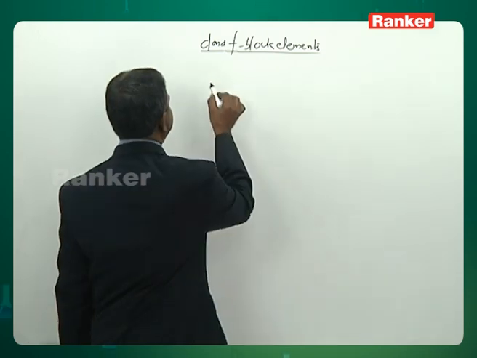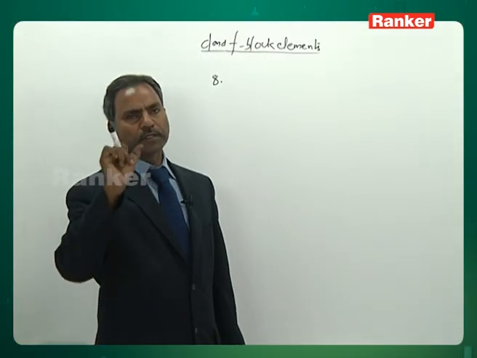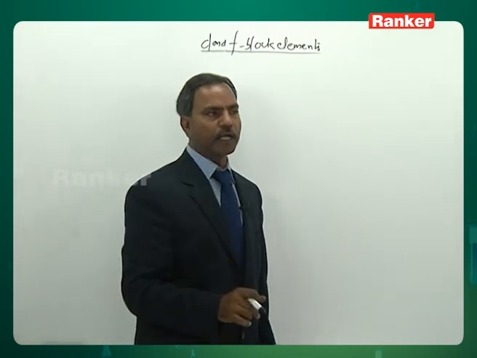Coming to the 8th question: which of the following possesses the same number of unpaired electrons as Ni+4? Option A, vanadium. Option B, chromium. Option C, Mn+3. Option D, Fe+3. First check Ni+4. How many unpaired electrons are there in Ni+4?